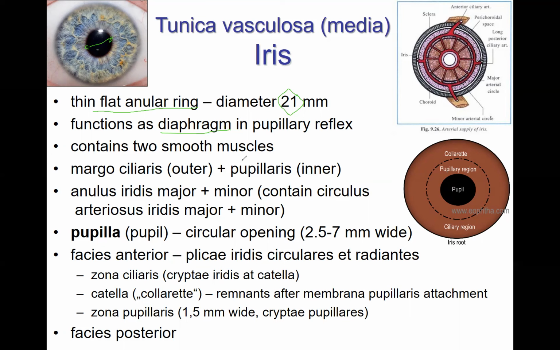So it works in the pupillary reflex. For these two functions, there are two muscles. I'll come to them. And to describe it, we have two margins: the internal margin, which we call the pupillary margin, and the outer one, which we call the ciliary margin.